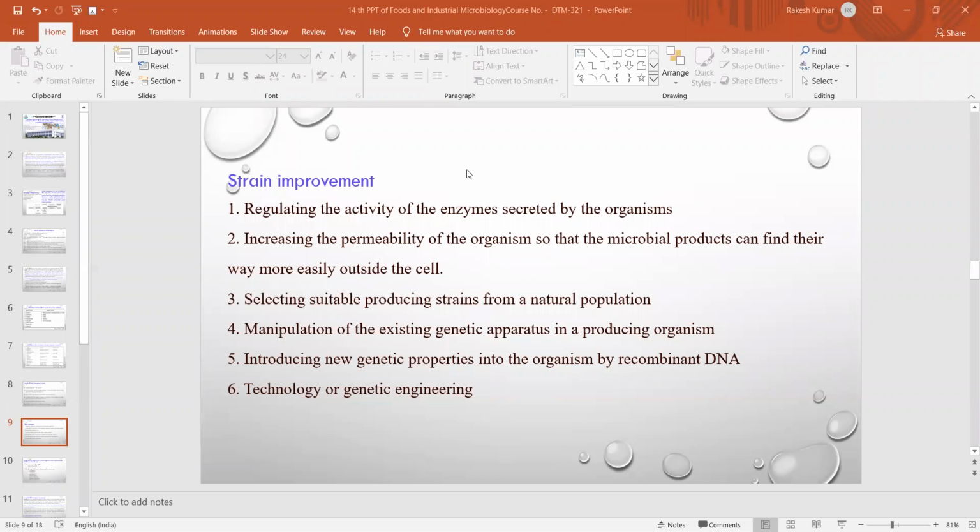Then increasing the permeability of the organism so that the microbial product formed can be taken out from inside the microbial cell. Thereafter, selecting a suitable producing strain from a natural population.